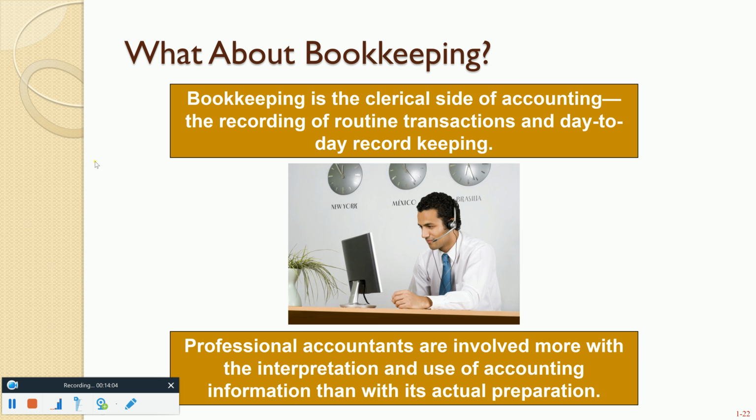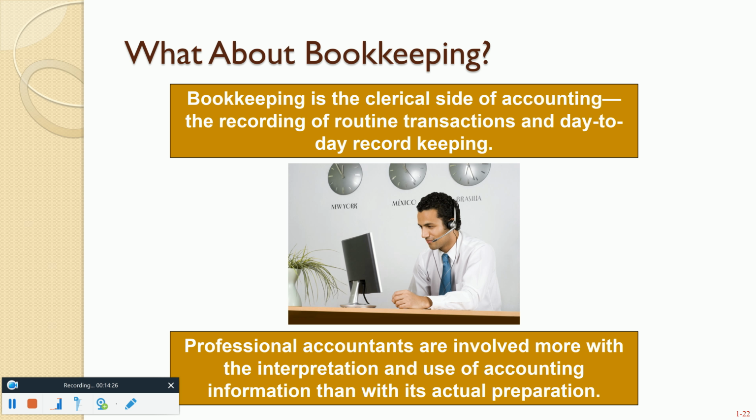Okay, bookkeeping. And quite honestly, the first few chapters we're going to take a look at is going to work through the bookkeeping cycle, or the accounting cycle. Bookkeeping is the general clerical routine transactions, keeping track of them in the books and records. That's the first part of it.